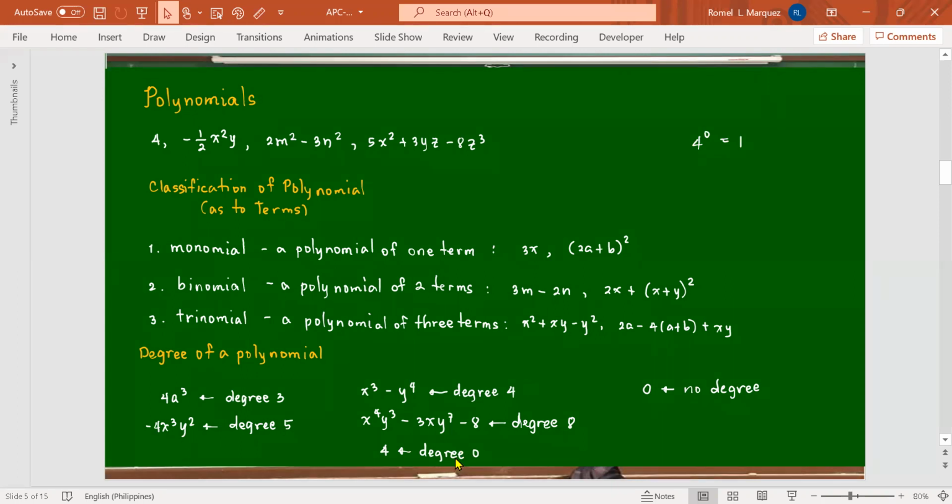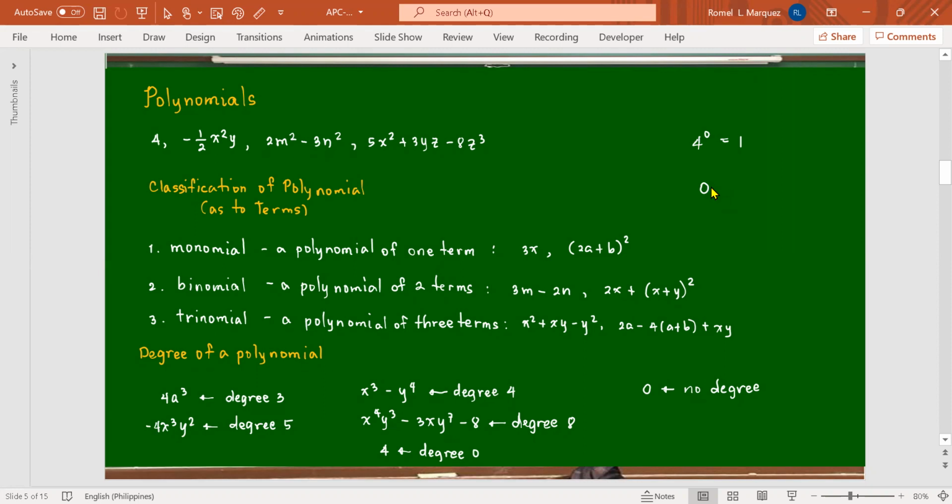Ang ibig sabihin ng degree, yung exponent ng variable. Kapag may 4 tayo, understood na exponent ng variable 0. Kahit palagyan mo yan ng another variable, para yan mag-equal sa 4, dapat ang exponent lang ng lahat ng variable 0. Kaya pag inadd mo yung mga exponent nun, 0, except kapag ang constant mo is 0.